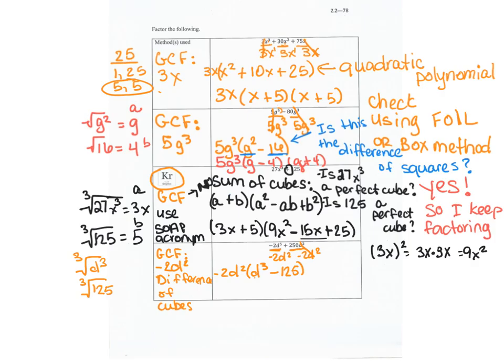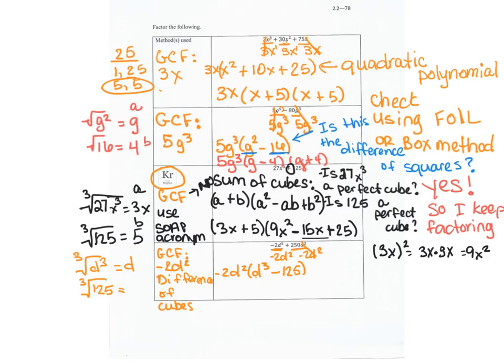Well, the cubed root of d cubed is d, and I know from my problem above the cubed root of 125 is 5. So remember, I take my a term and my b term. My a term is d and my b term is 5, and I write down my formula. And I'm going to use the SOAP acronym yet again.